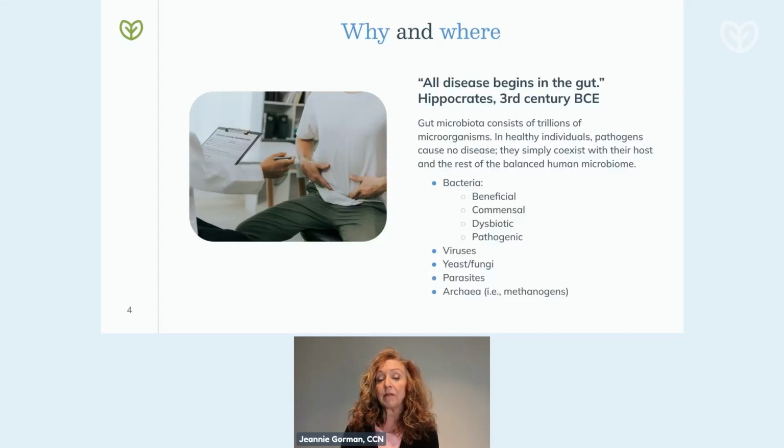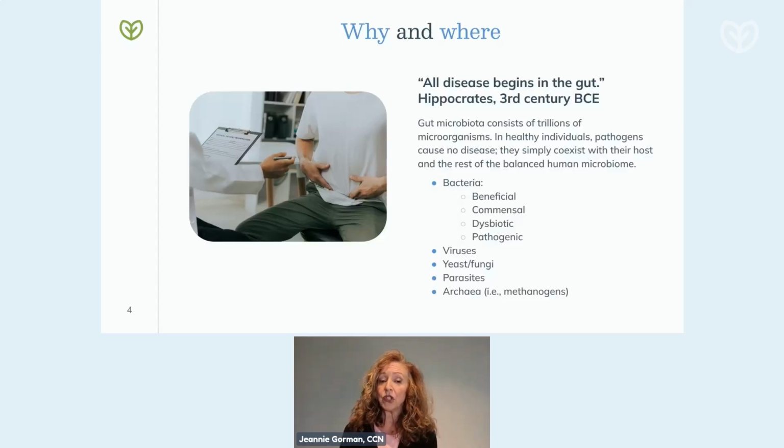The community consists of beneficials. There are a group of research-based expected beneficials that should be found in the microbiome in a sufficient quantity, I'll call it. Commensal bacteria are doing a job, they have a role in the microbiome, they're just not listed as beneficials.